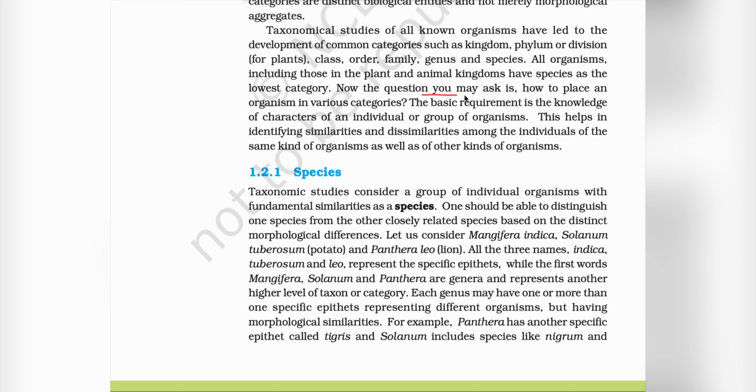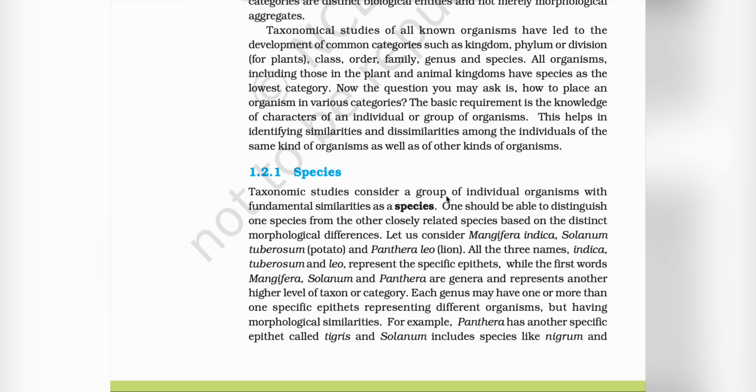Now the question you may ask is how to place an organism in the various categories. The basic requirement is the knowledge of characters of an individual or group of organisms. This helps in identifying similarities and dissimilarities among the individuals of the same kind of organisms as well as of other kinds of organisms.